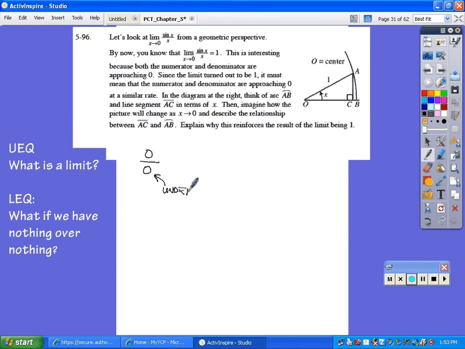The important part is we have a number divided by itself, which we know from elementary math equals 1. Now it does talk a little bit about the unit circle there, and using the unit circle to describe why, reinforce why the limit is going to be 1, and we will discuss that in class.